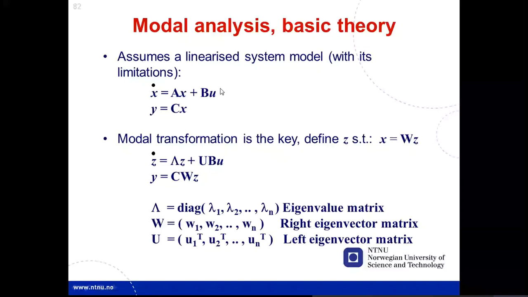We perform this for a linearized system, with the system represented in state space with state derivatives. Then we have a model transformation in the form of other states, and we get the eigenvalues, the right eigenvector and the left eigenvector as part of the modal analysis.